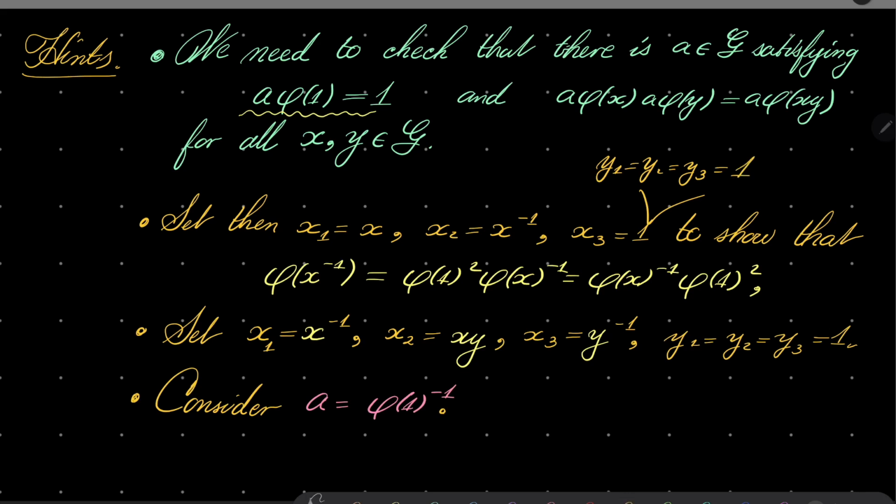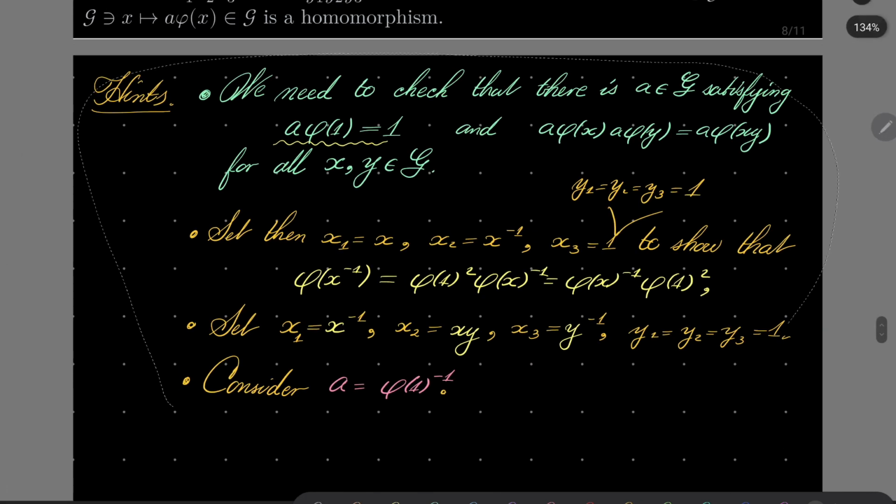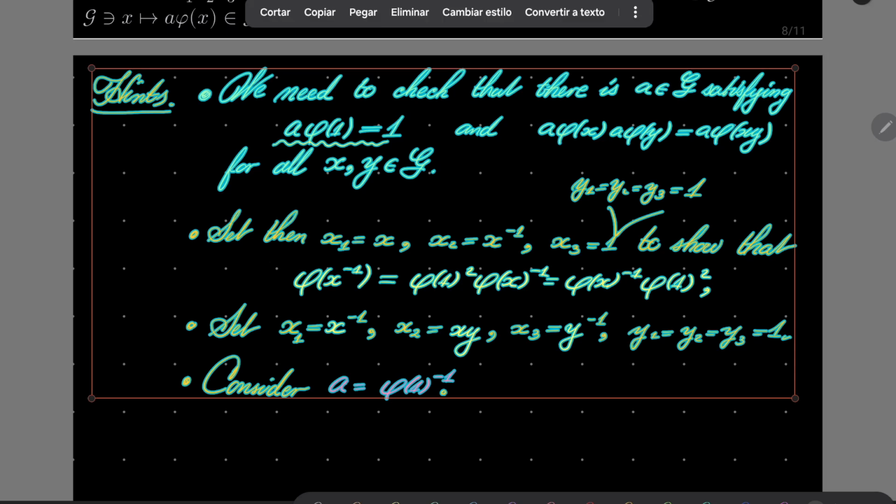All right, and then set x1 to be x inverse, x2 to be xy, x3 to be y inverse, and y1, y2, y3 to be 1. And consider, as I suggested, A to be phi of 1 inverse. So give this problem a try, and I will see you in just a minute.